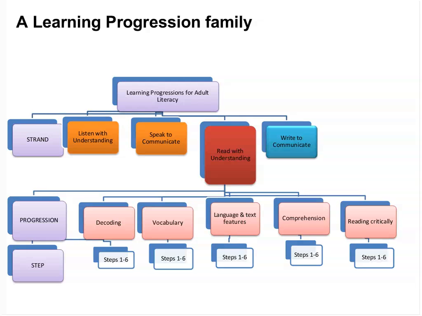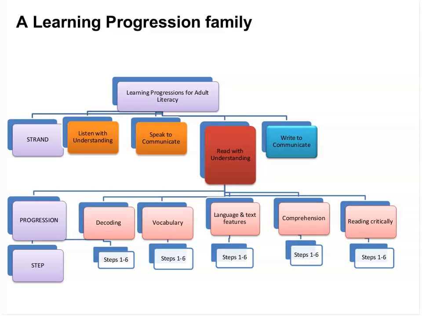Within each strand, we have the actual progressions, and if you go down there from the Read with Understanding, you will see that there are 5 progressions, beginning with decoding, then vocabulary, language and text features, comprehension, and reading critically. And within each of those progressions, there are the steps. So within each progression, we have steps from 1 to 6, 1 being at the entry level, 6 being at the most competent.